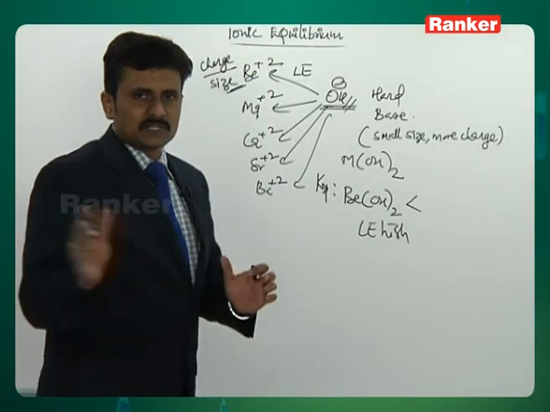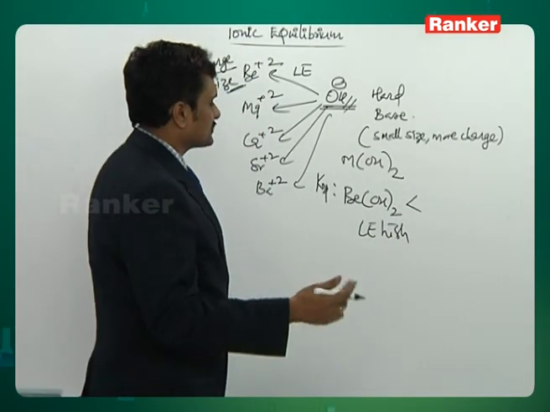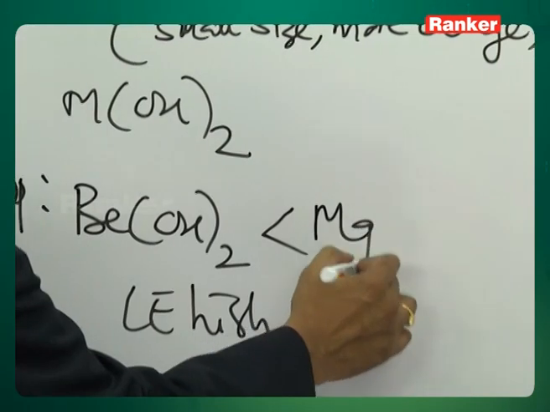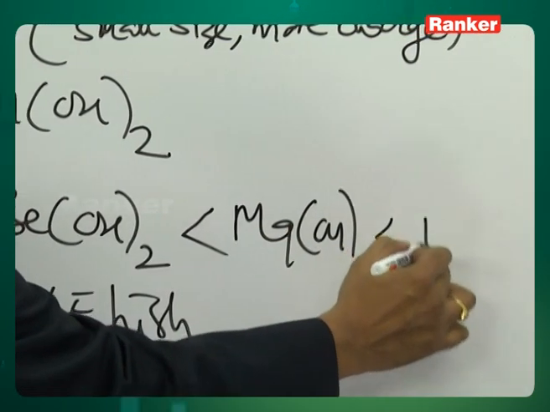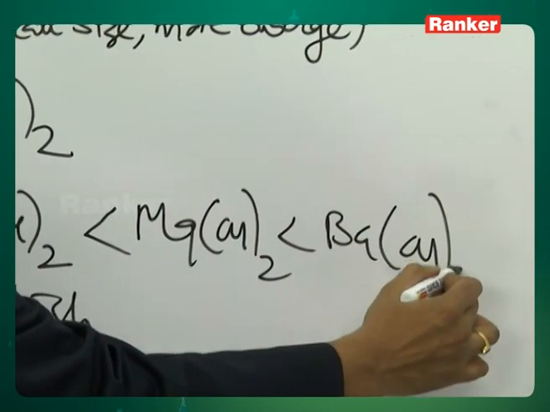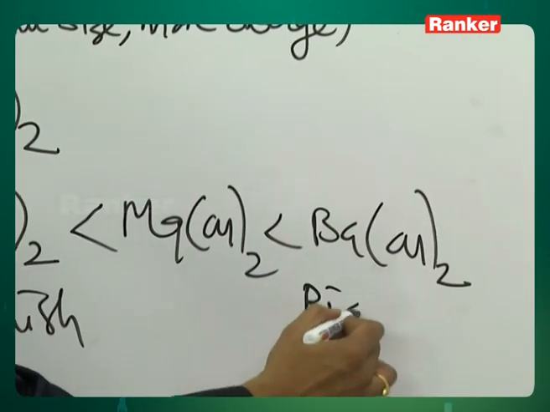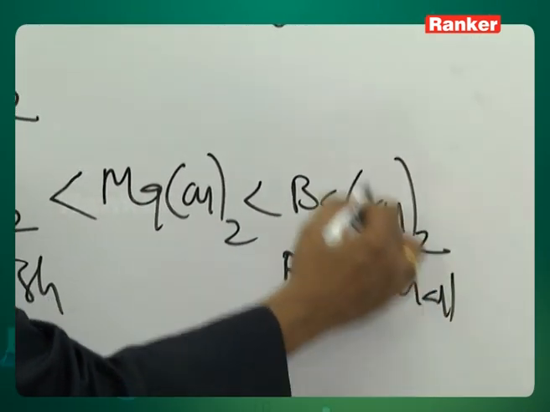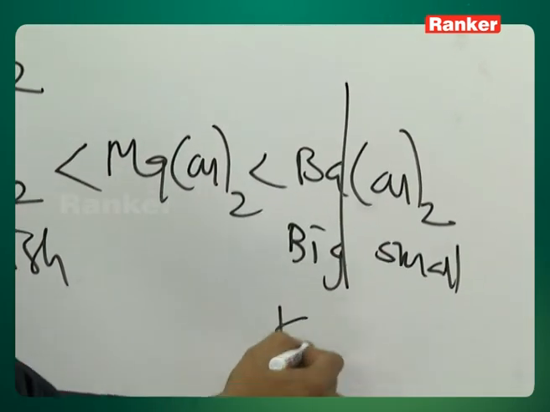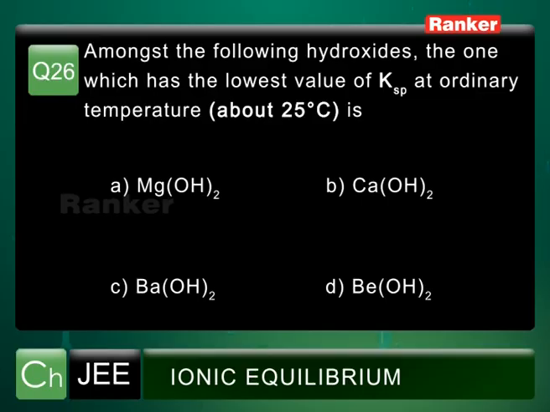That means it is not willing to undergo any sort of dissociation to produce the ions. Then comes magnesium hydroxide and barium hydroxide. Barium is bigger in size and this is small, so it can be easily split, giving rise to a high value of Ksp. So the right answer for this question should be option D, that is, beryllium hydroxide has the lowest value of the solubility product.